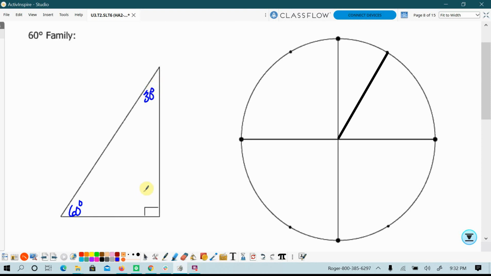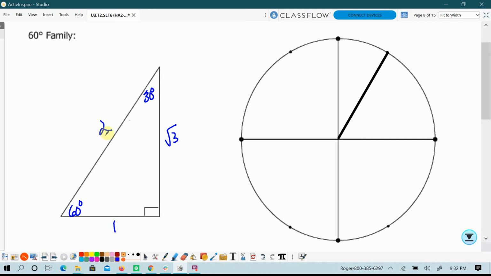Now, if you remember, I labeled the sides by shorter leg, longer leg. Remember, the shorter leg is always directly across from the 30-degree angle, which I labeled 1. The longer leg, which is directly across from the 60, is labeled square root of 3. And then, of course, we labeled the hypotenuse 2. So I'm using that same format. Now I have that labeled.